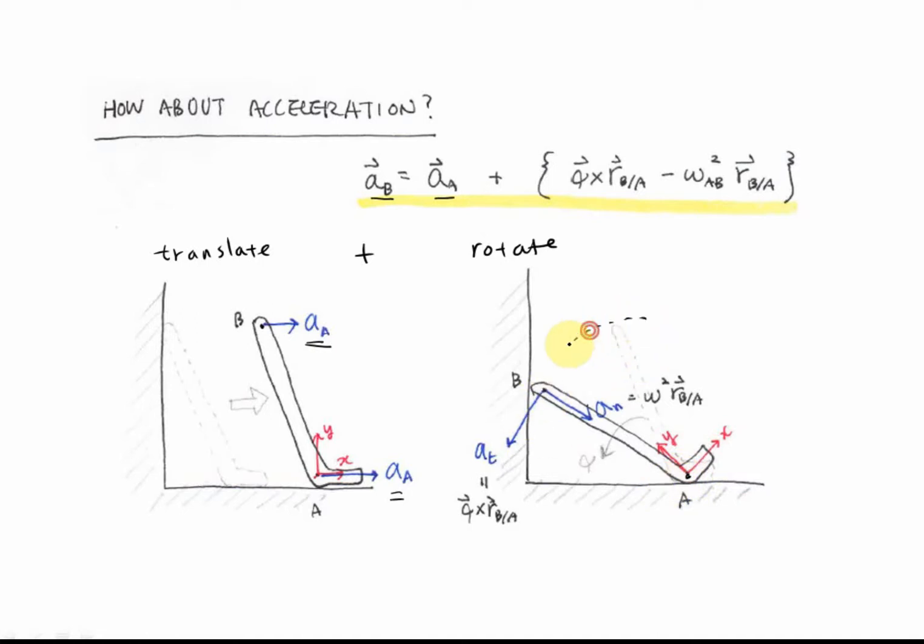this one has a circular motion. That's why it has tangential components. The tangential component can be written as alpha cross the position vector pointing to B from A, and also the normal direction component, which is omega squared times the position vector.